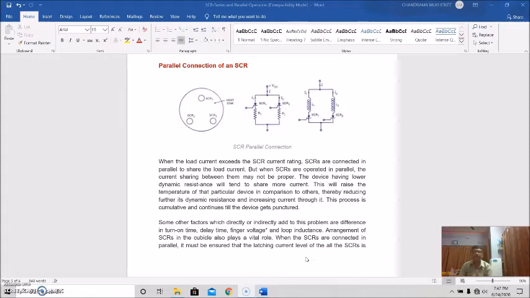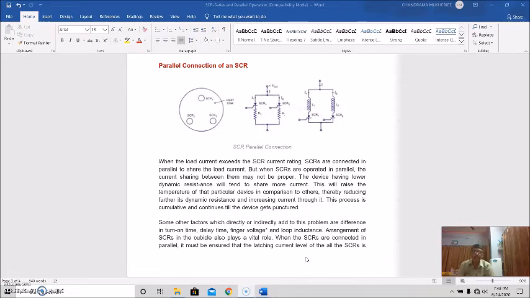As you know, if dynamic resistance is less for a particular device, more current will flow through it, and due to more current, more temperature will be generated, and as a result a further decrease of dynamic resistance will happen, and more current will flow through it. So this process is cumulative and continues till the device gets punctured. That's a very important point to be taken care of during parallel connections of HCR.